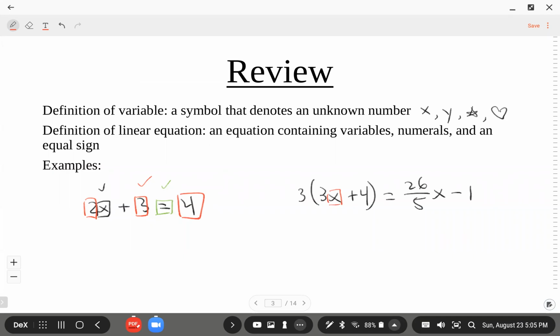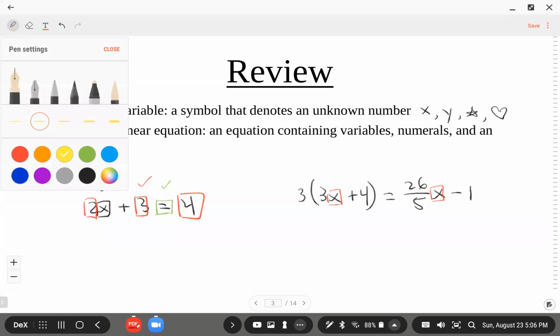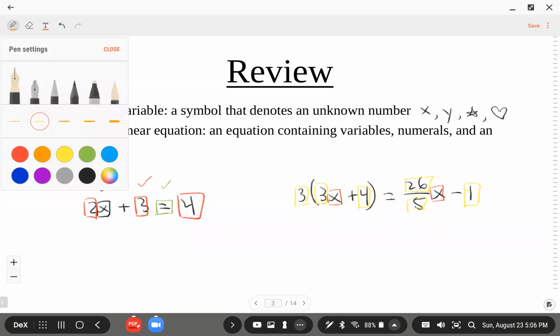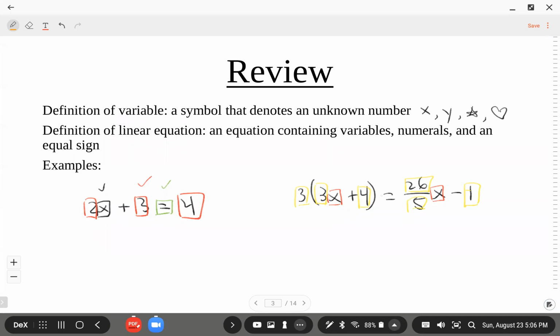There's the x right here. And then, does it have numerals? Yes. A lot of numerals all over the place, right? And lastly, does it have an equal sign? Yes. Right here, right? So this also qualifies as a linear equation.